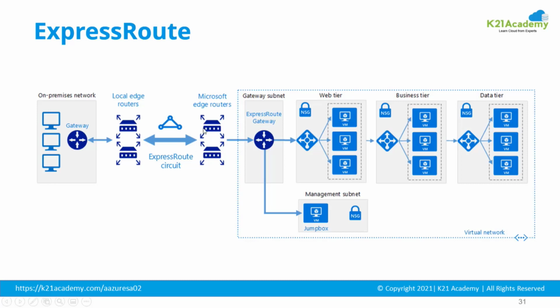The other end of that ExpressRoute service is already connected with Microsoft Edge, and that Microsoft Edge will be connected to another gateway you're going to create, which is the ExpressRoute gateway, and that ExpressRoute gateway will be connected to your virtual network. So this is, in a nutshell, at a high level, ExpressRoute.